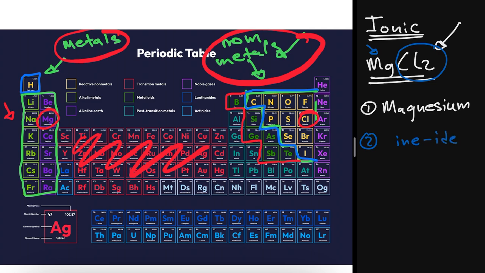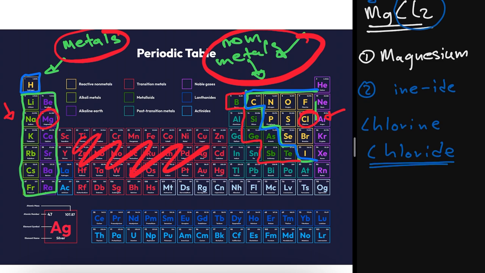The name of this element is chlorine, but when we write it in an ionic compound, the ending will always be chloride. So to give the full name of this compound, we say this compound is called magnesium chloride.